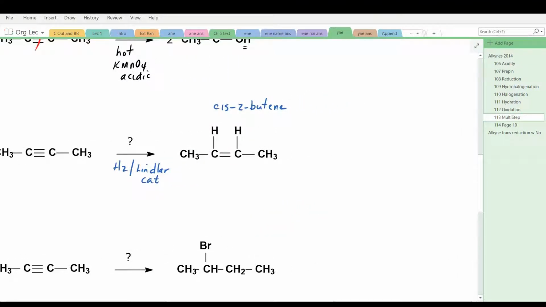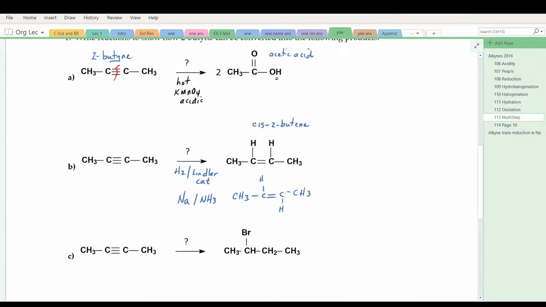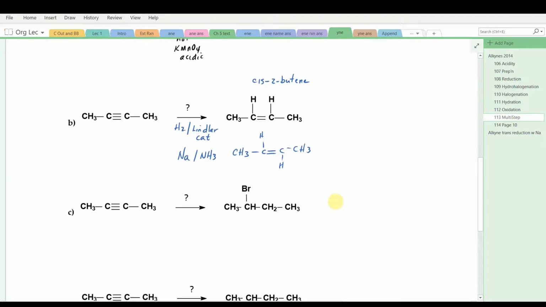Had we used instead sodium in liquid ammonia, that would give us the trans-alkene. So those are the 2 options for partial reduction of an alkyne to an alkene. Again, a single step reaction.